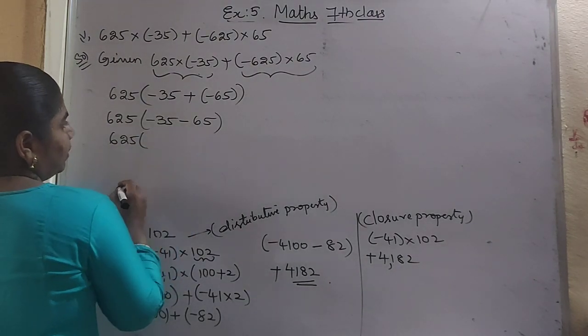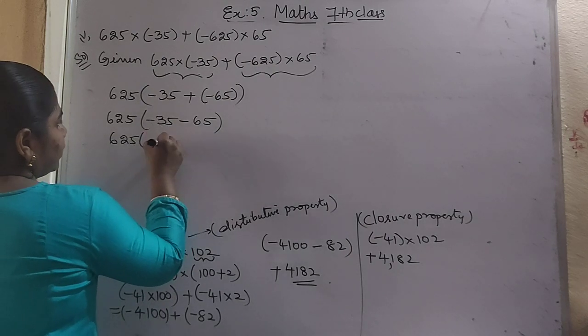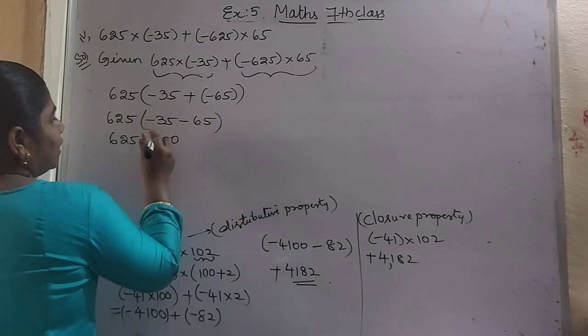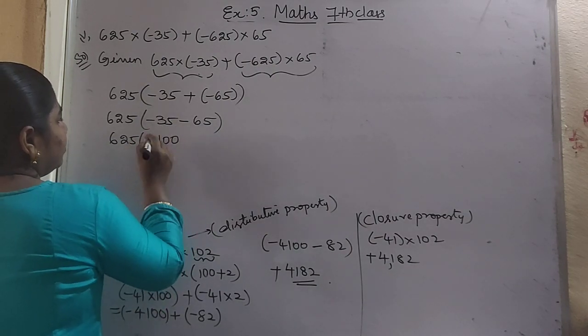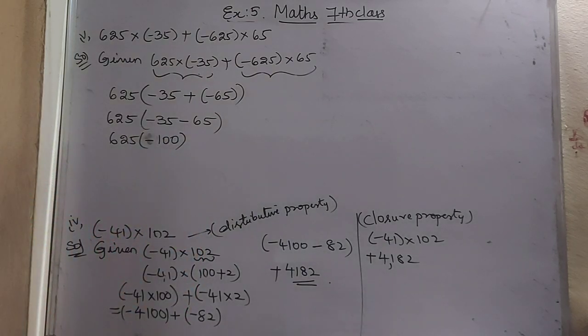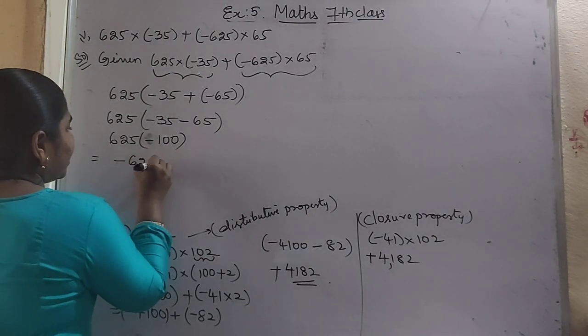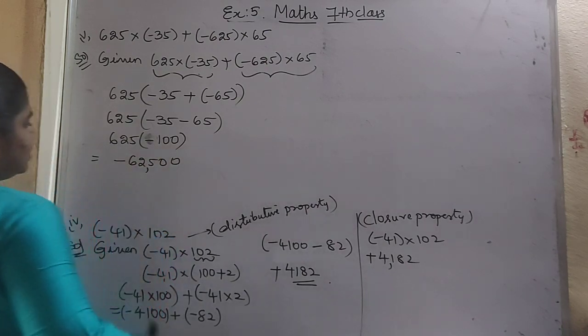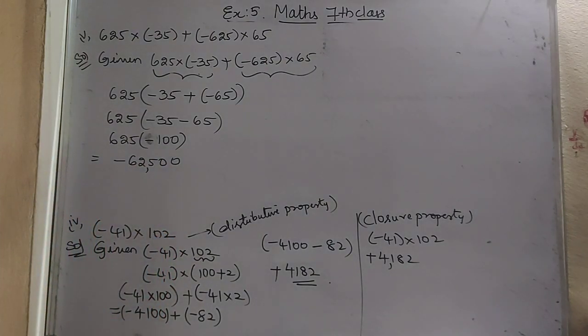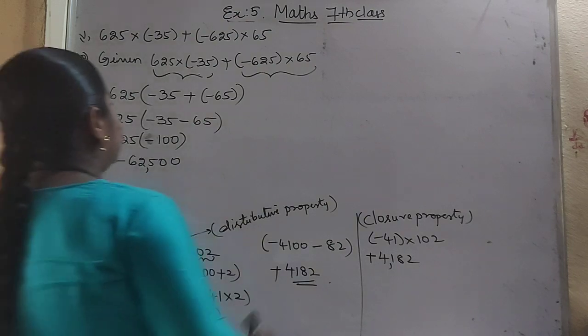Minus into minus will be plus. 65 plus 35 will be equals to 100. Bigger number's sign is minus, so it will be minus 100. So minus 35 minus 65 will be equals to minus 100. So 625 into 100 is what? Minus 62,500. Minus 62,500 is our result.